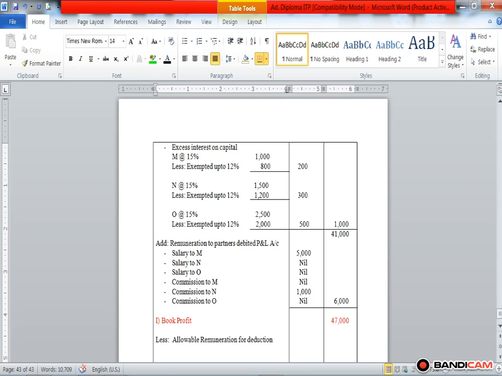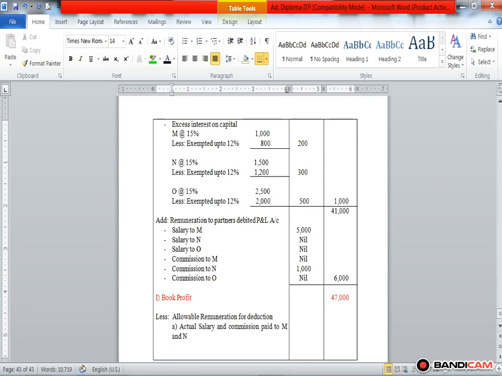Okay, so here the actual salary and commission paid to M and N.